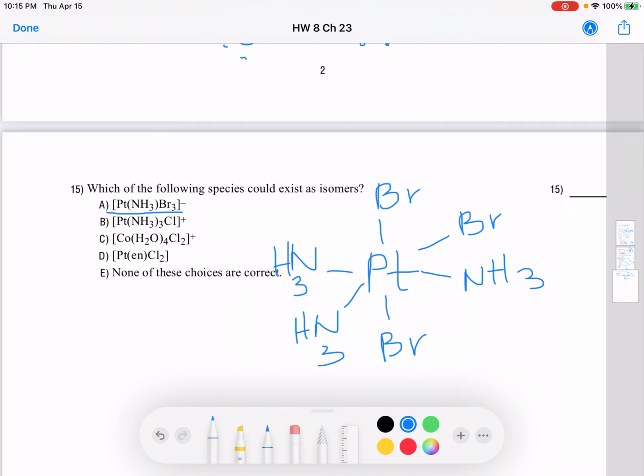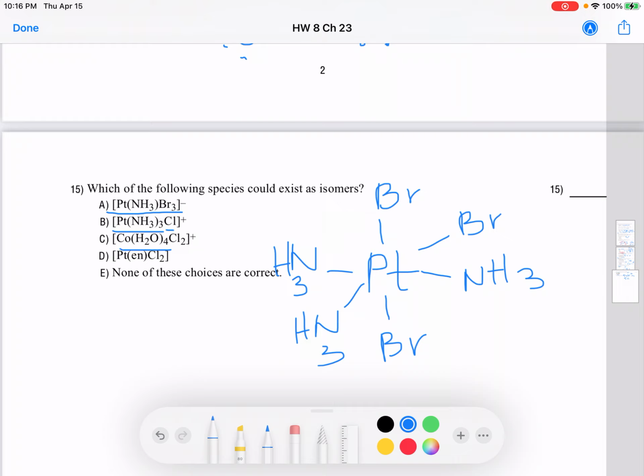Even if you try to put it in different ways in this octahedral geometry, it would look alike because it's 3 and 3. So it cannot exist as isomers. You can play with this complex and see. Then you have 3 ammonia and 1 chlorine. You cannot do anything with that either.